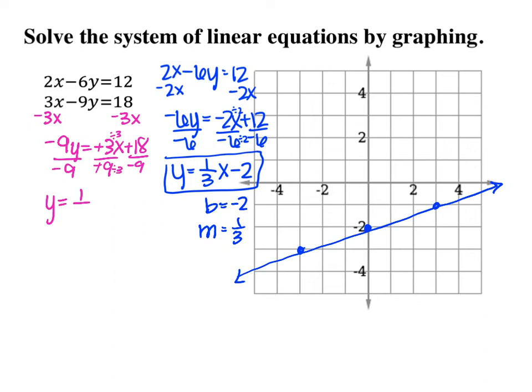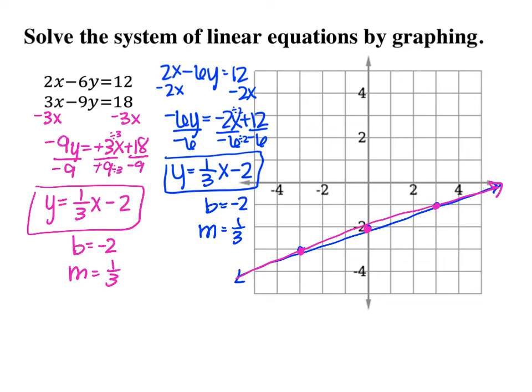So I get 1/3 x, and 18 divided by negative 9 is negative 2. If b is negative 2 and m is 1/3, I end up getting the exact same graph, right? I didn't do as good a job drawing my line the second time, but it really should be that that's exactly the same line.